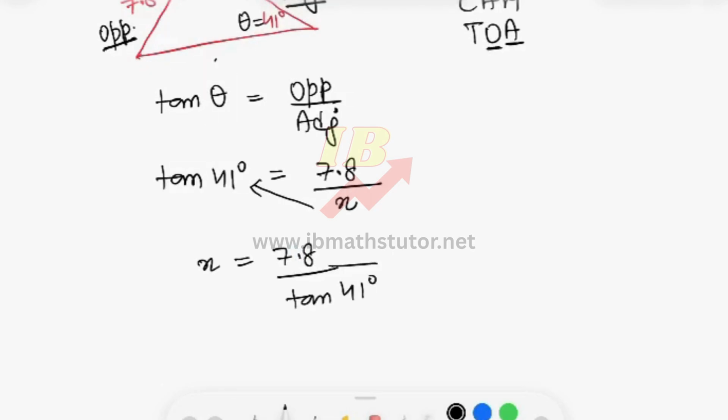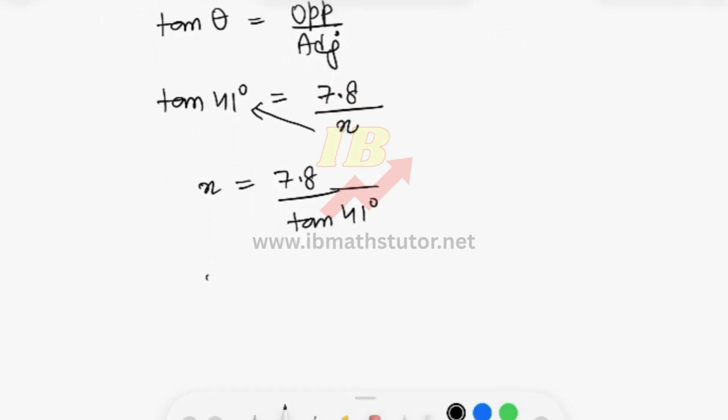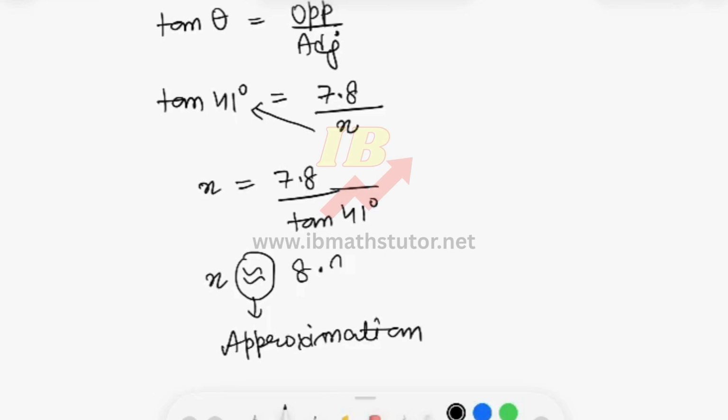If you plug it in your calculator, that will give you a certain answer, but that will be an approximation. So you are always supposed to mark your answers like this with this sign. This is actually the sign of approximation. If you plug it in your calculator, that will give you some value as 8.97.